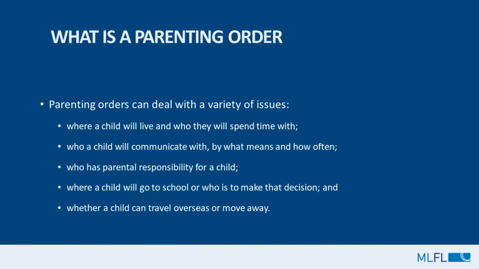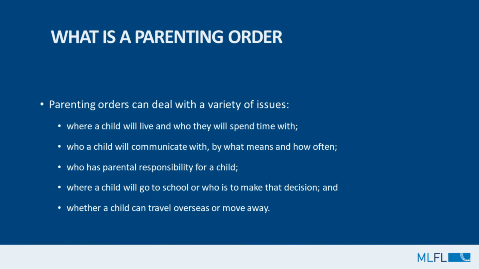An example of parental responsibility in an order might be that each of the parents have equal shared parental responsibility for the child, and for this purpose the parents be jointly responsible for making decisions about major long-term issues in respect of the child.